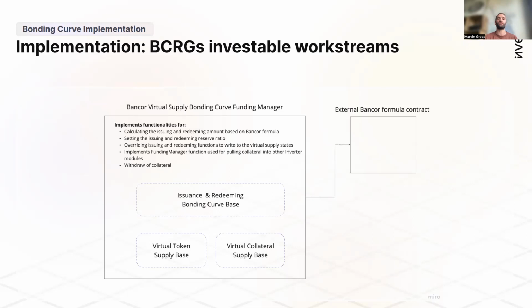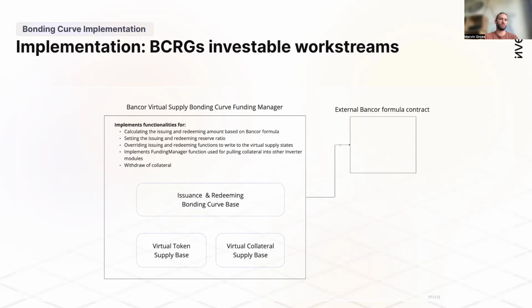It extends functionalities from the original building blocks and also implements very specific functionalities that are relational to the formula in this case. So calculating the issuing and redeeming, setting the reserve ratio, as well as enabling the withdrawal of the collateral into the rest of the inverter architecture.